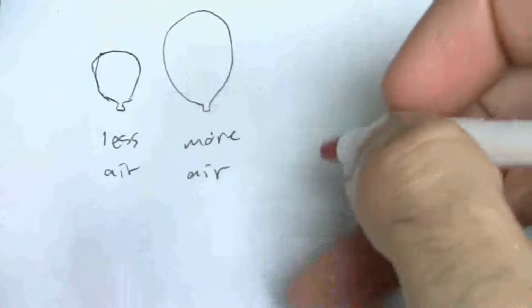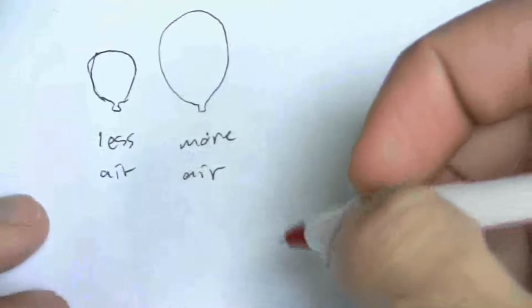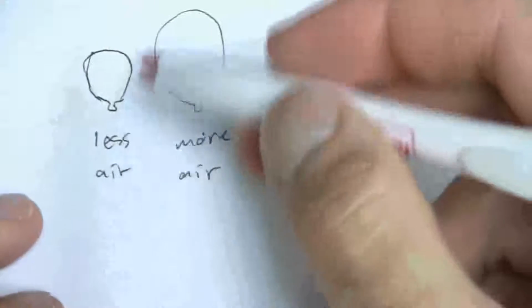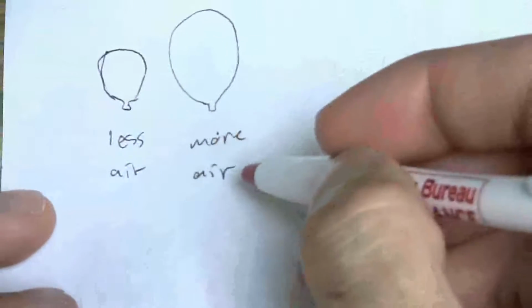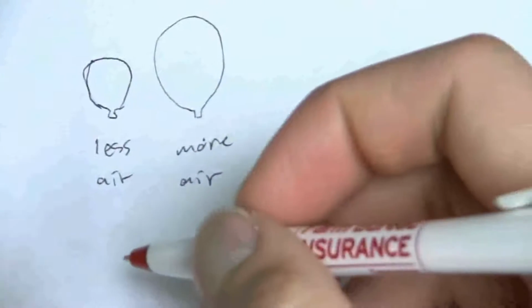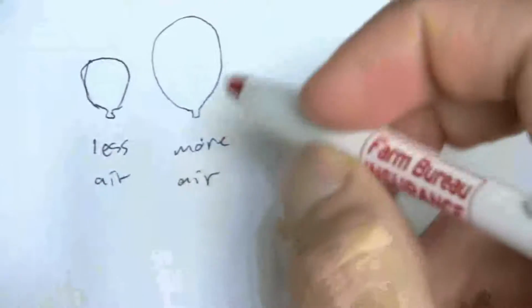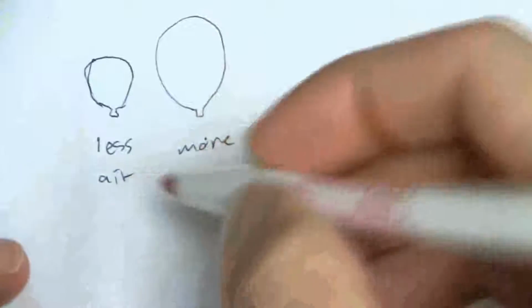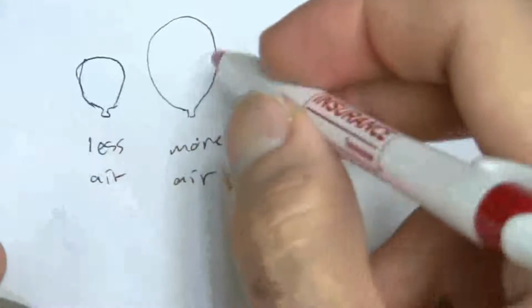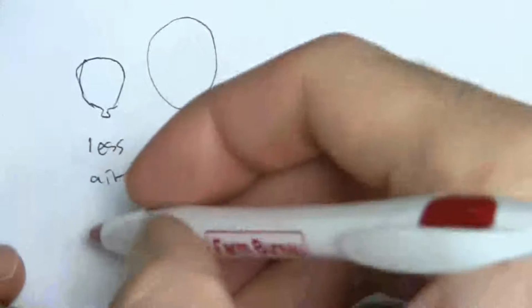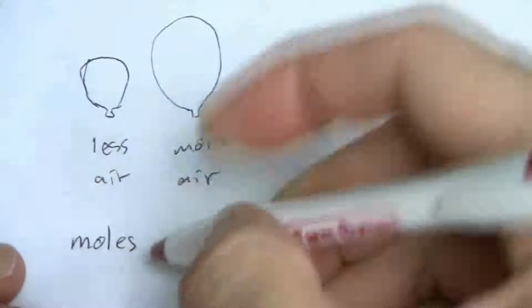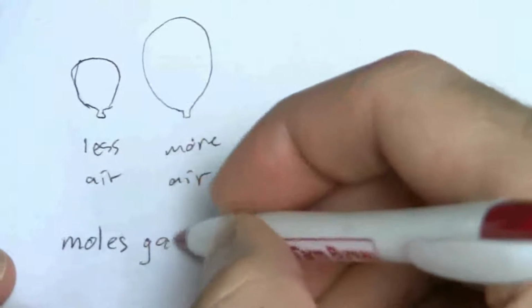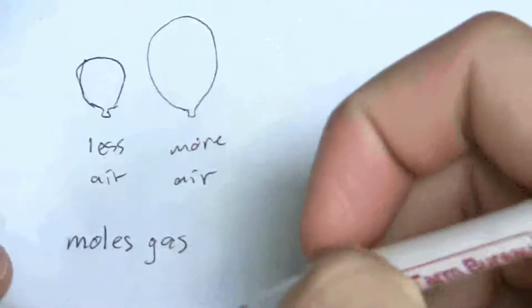But if we think about what's actually happening, the less air and more air is talking about the number of particles, the amount of the gas that we're putting in there. So we could say the moles of the gas, whether air or any other gas.